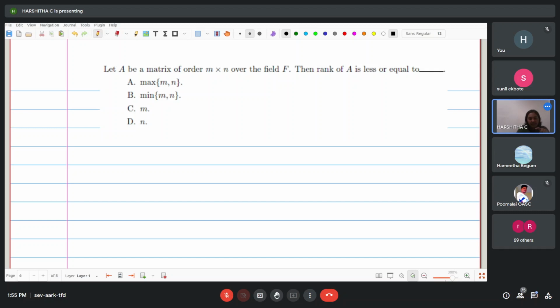Even otherwise, the question is like this: if A is a 3 by 3 matrix satisfying A cubed minus A squared plus A minus I equals 0, then A to the power of 4 equals what? That is the question.